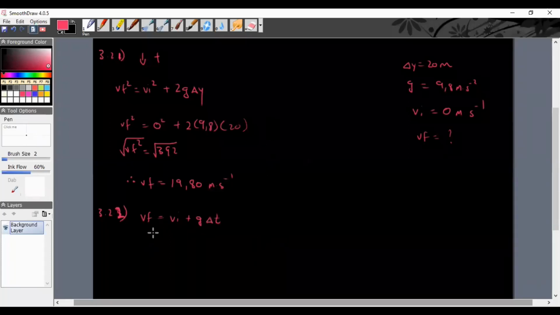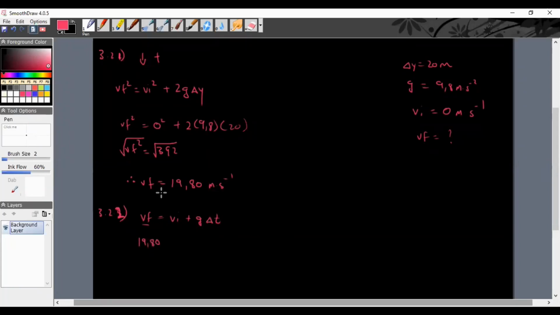I substitute 19.8 for my final velocity that I calculated there, equals 0 plus 9.8 delta t. All I do is divide both sides by 9.8, and therefore delta t is equal to 2.02 seconds. That's the time.